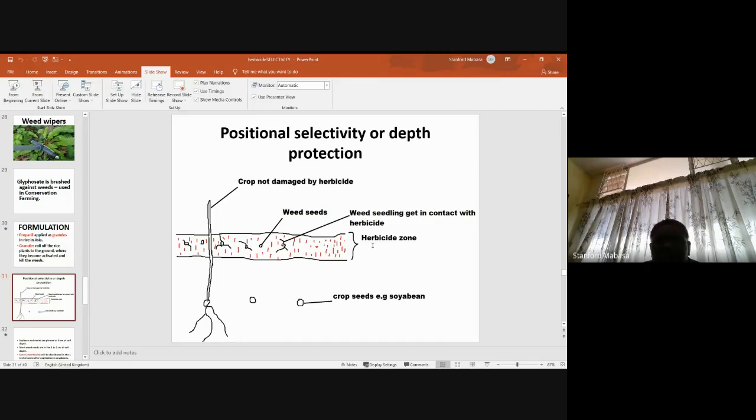So when we spray it, it can only travel up to 2 centimeters and never go beyond that, where the soybean seed will be placed. So the weeds can be killed by metribuzin, leaving soybean.